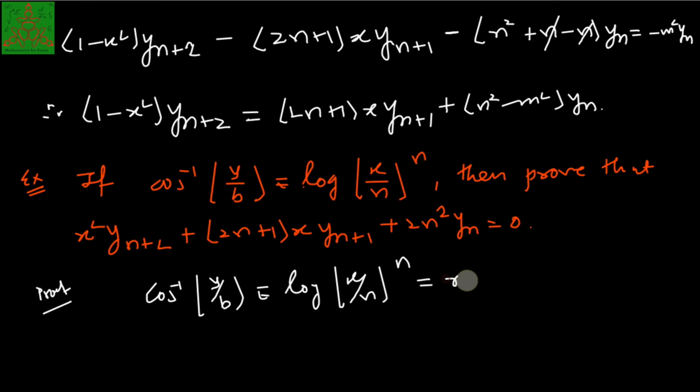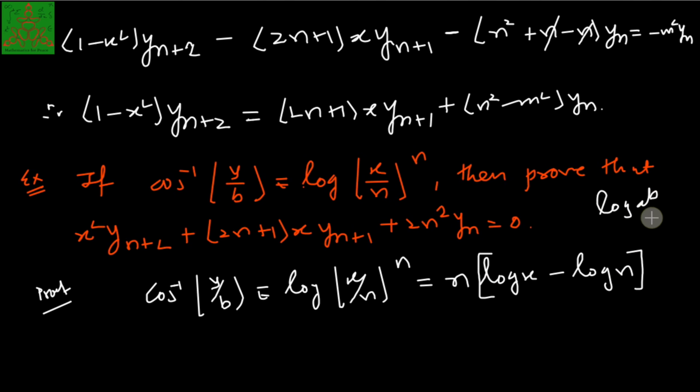So that I can write down as n into log of x minus log of n, because we know that log of a power b is b into log of a, and log of a upon b will be log of a minus log of b.